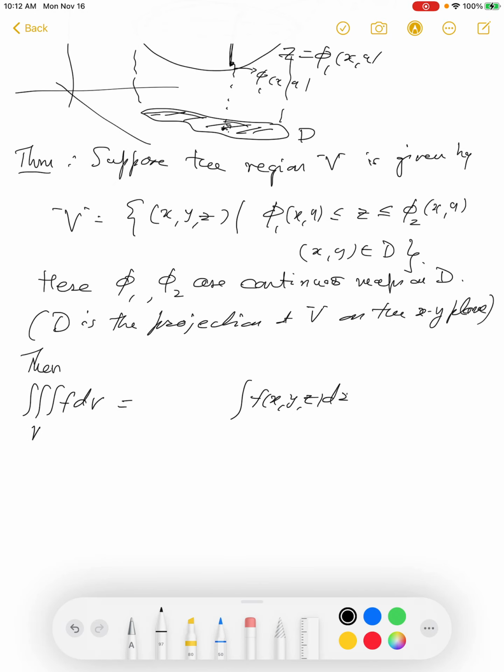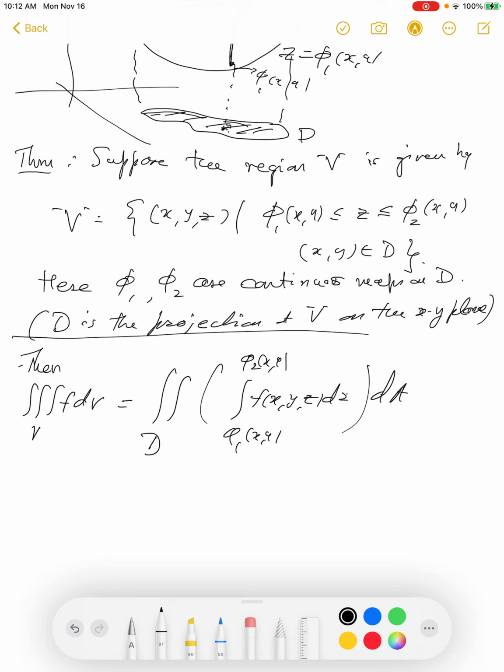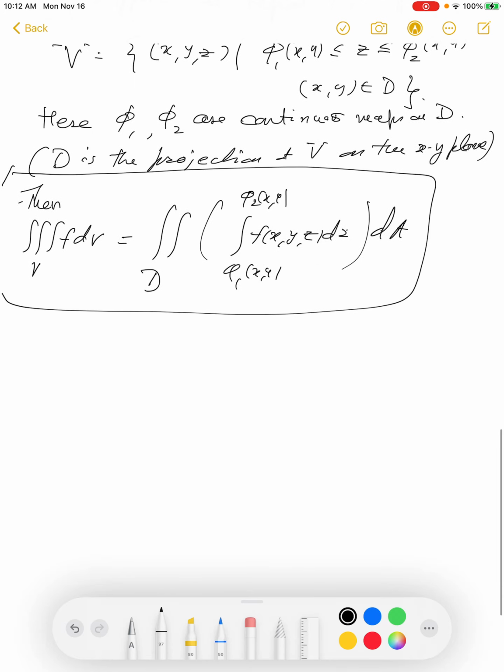So you integrate out z from phi1 to phi2, and then you get a function only in terms of x and y, and then you take its double integral over D with respect to dA. So this is the theorem. This is how finding a triple integral converts into computing repeated integrals.